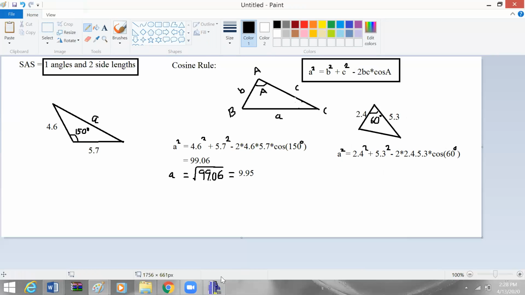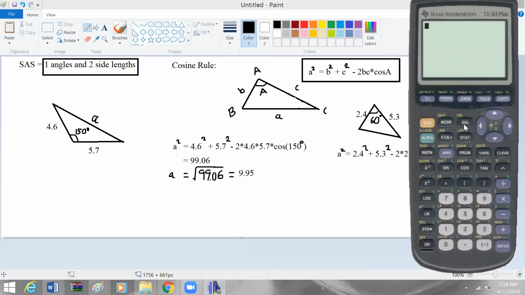Okay, so then I'm going to use the calculator one more time. We need to convert to the angle, so go to the third ones and click on degree and see how it works.